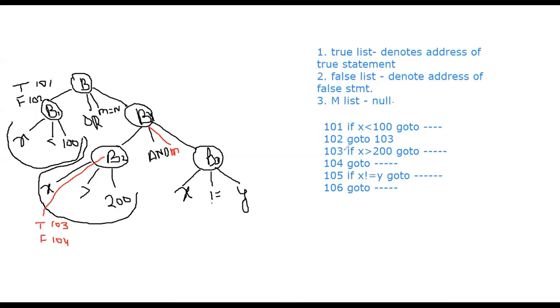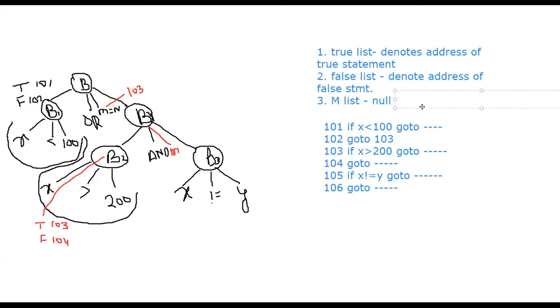B2 condition is written at 103. So the M list will contain now 103. What will be the value of M list?